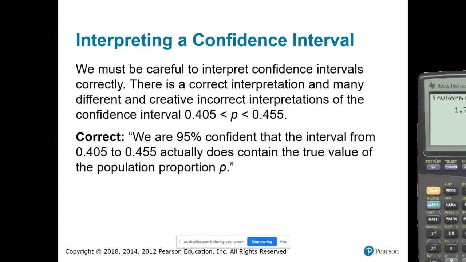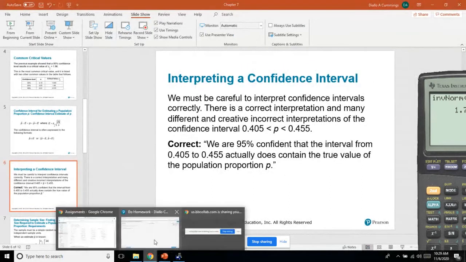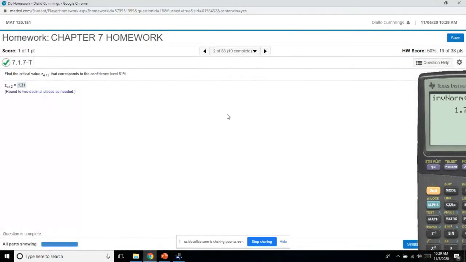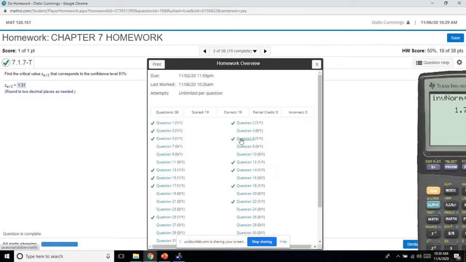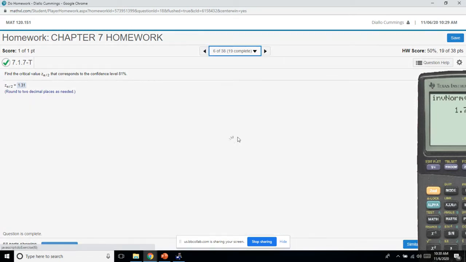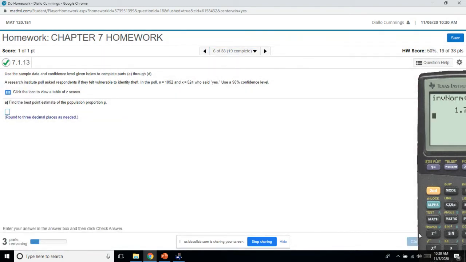So now let's look at an example. I'm going to return to our homework, and we're going to take a look at problem number 6. I'm going to generate a similar example.